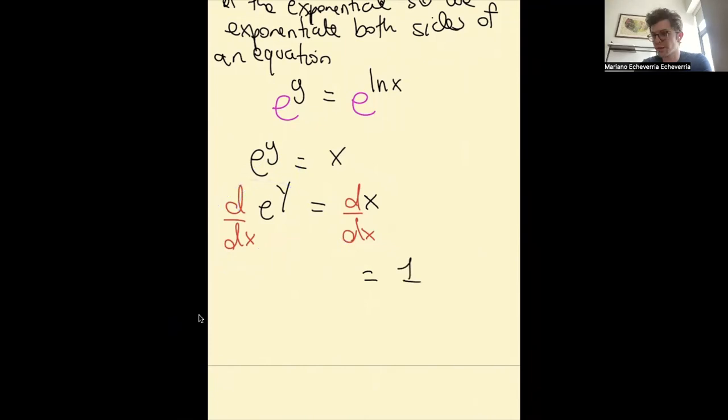What can you do to find this derivative? Sorry, you multiply and divide by the y. So you get that.